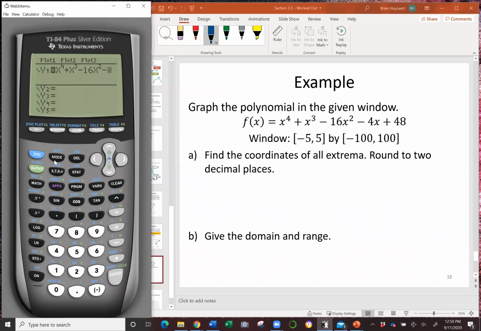So make sure that you scroll to the right to pull down from the exponent. Okay, let's go adjust our window. So the x values are fine, but it looks like our y values, we want to go negative 100 to positive 100. All right, let's graph this.